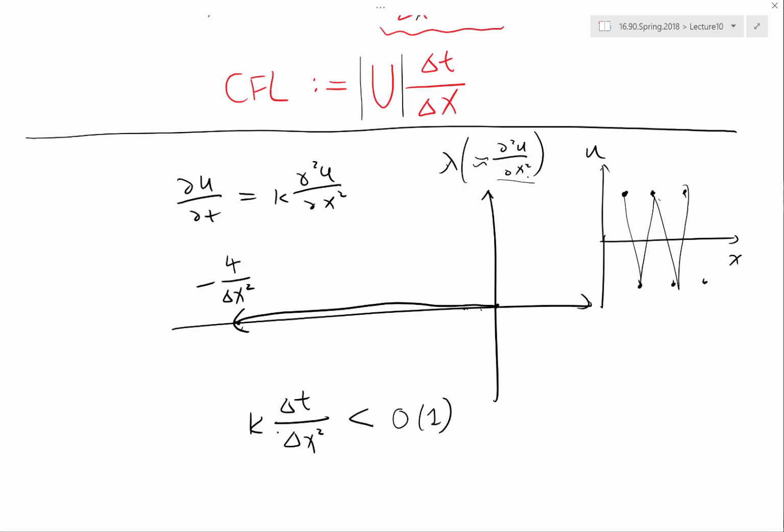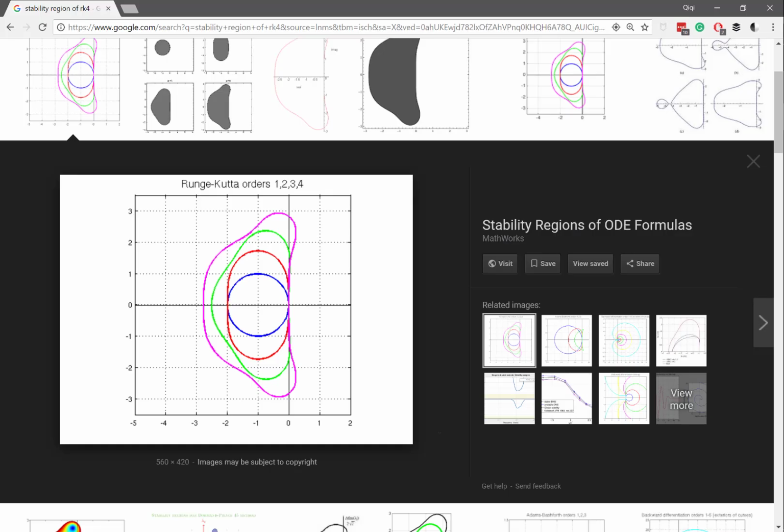Because I need to scale this space of lambda by kappa times my delta t, and I need that to fit into the stability region, like one of these circles, maybe minus 2, maybe minus 2.5, minus 3, but not something very large.